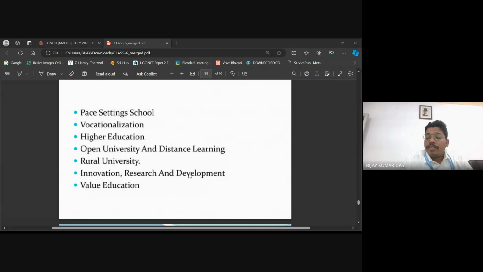And these trends are working for open universities and distance universities. This is a very new thing that some state open universities and distance learning centers are playing a significant role in giving education to a larger number of people every year. And rural university is also another initiative by the Government of India.